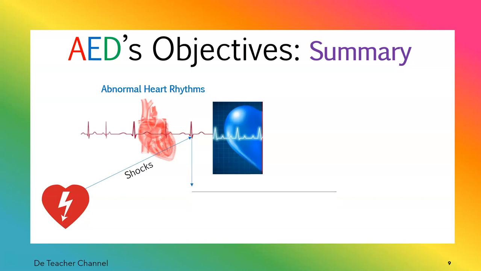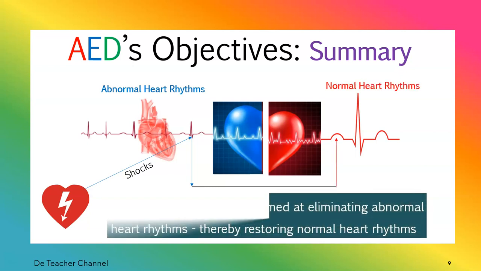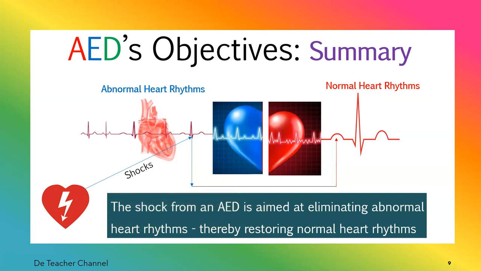You want to move away from the abnormal region to the normal region. So the shock from an AED is aimed at eliminating this, and then restoring the normal heart reading, which is this.